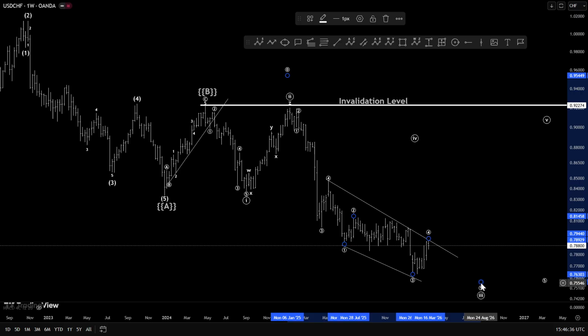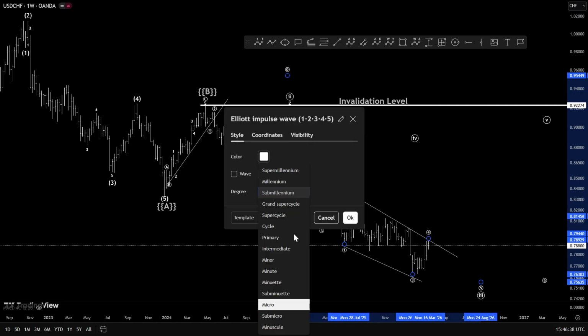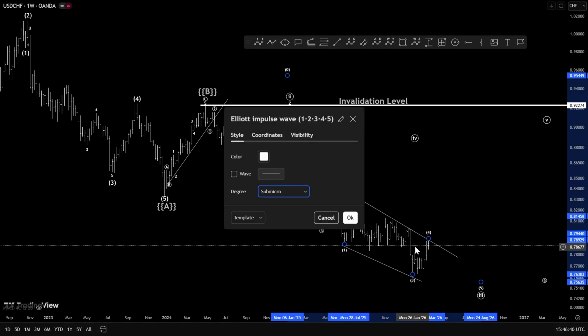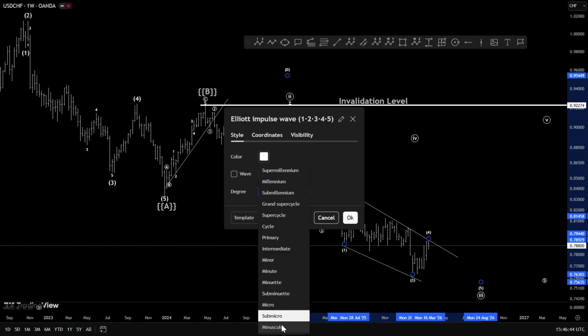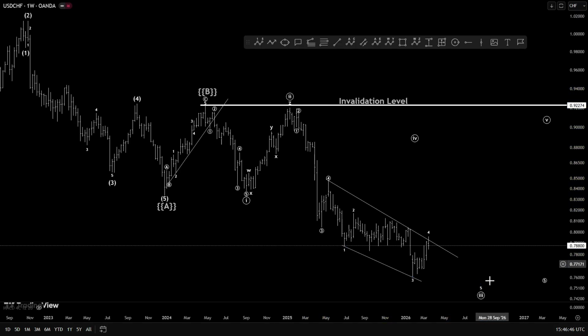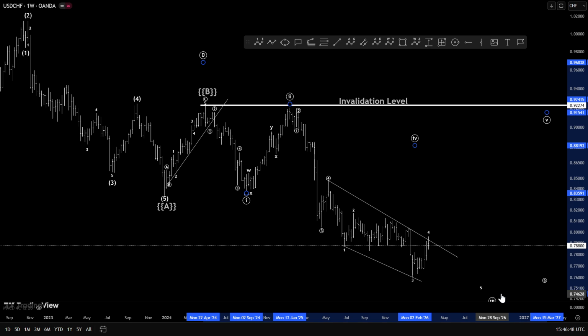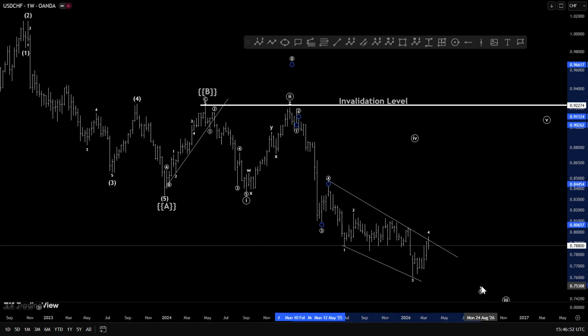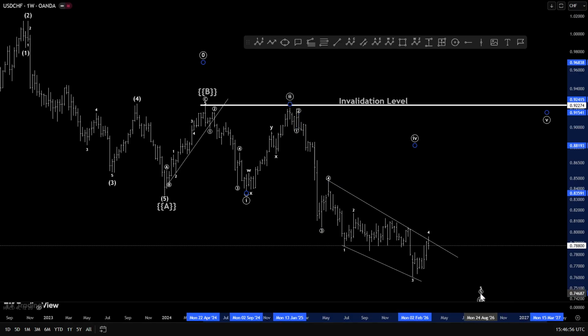Let me check the level so you don't get confused or lost around this range. Yeah, okay, this should be good. And after the completion, this will complete wave 5 sub wave of wave 3.